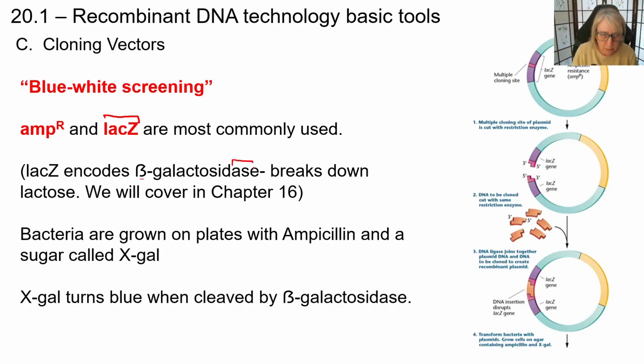It's an enzyme that breaks down galactose, which is a type of sugar, into its component parts. When I grow bacteria on plates with ampicillin and a sugar called xgal, if beta-galactosidase is being made, the plate turns blue.